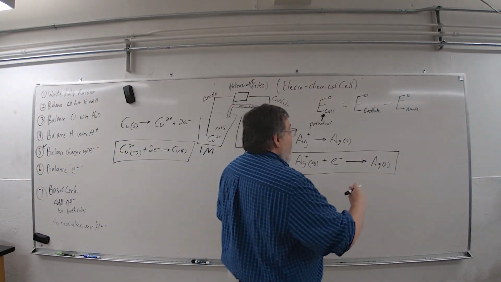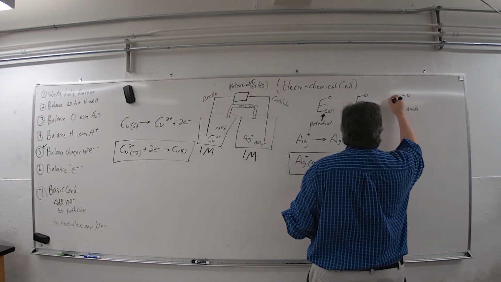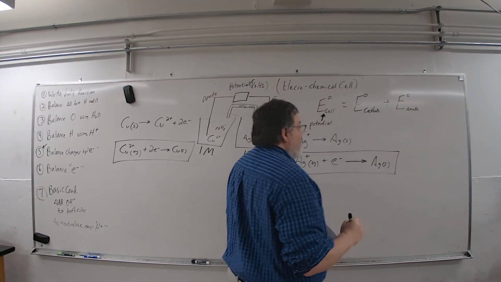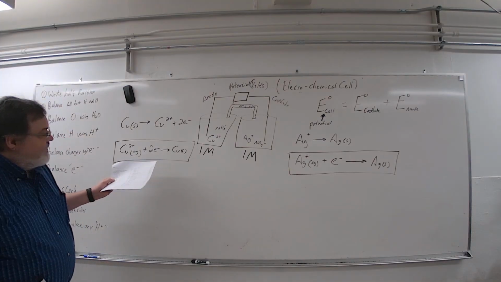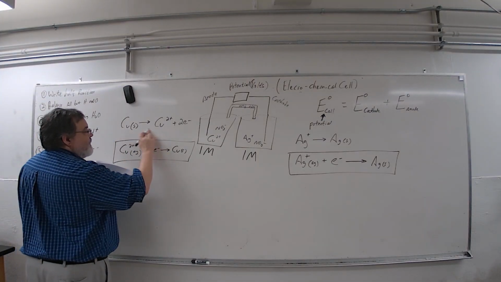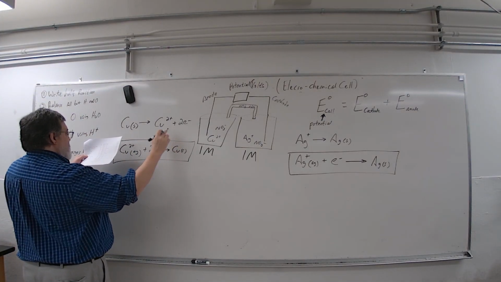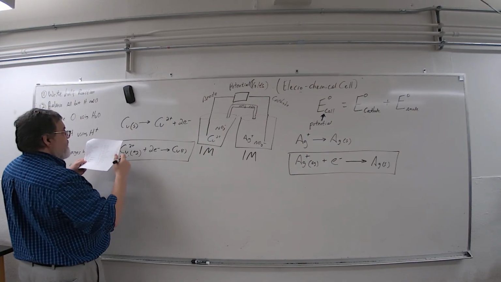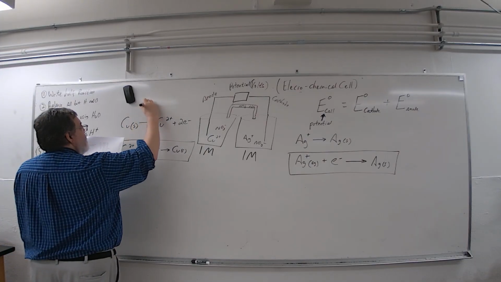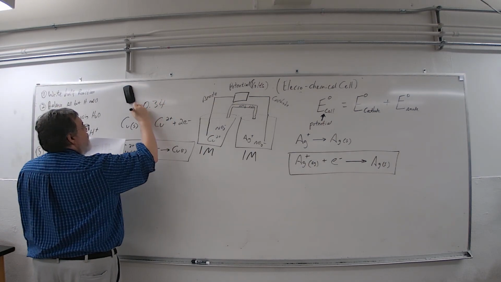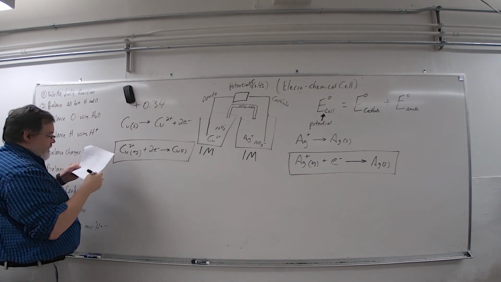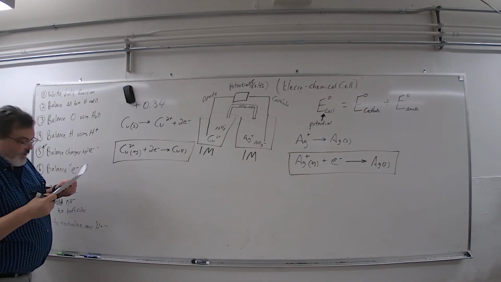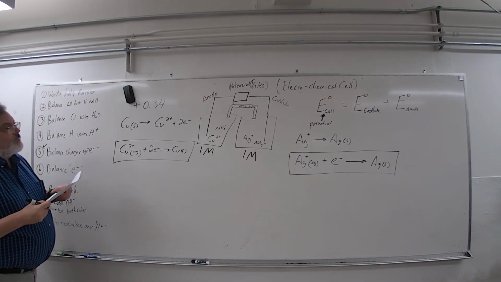But you could think of it like this, not to confuse you. The anode, since this is what's going on at the anode, and the number they give me in there, I should have written it down, plus 0.34.